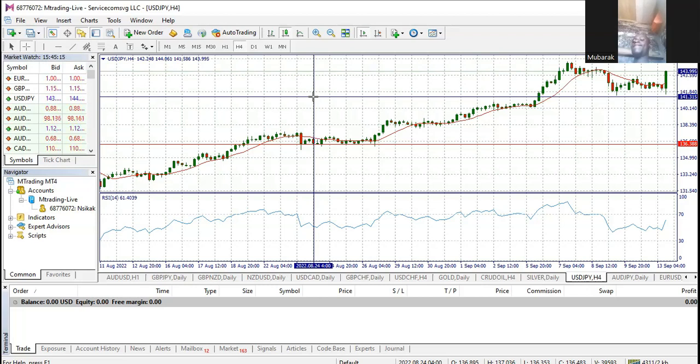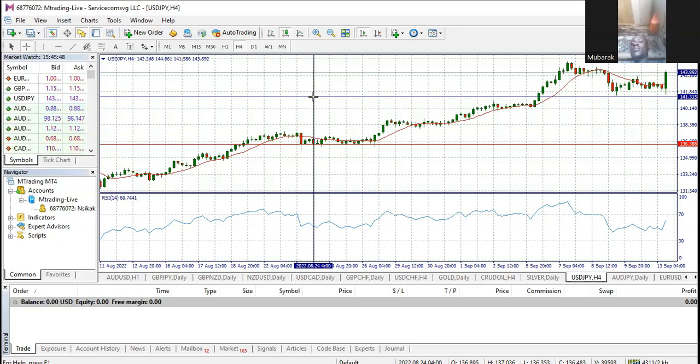By the time this news was released, it would have favored you. So your problem is two things. One is entry, number two is placement of stop loss. I think those are the things that cause issues for you in the trade. So this would have been a good trade for you.